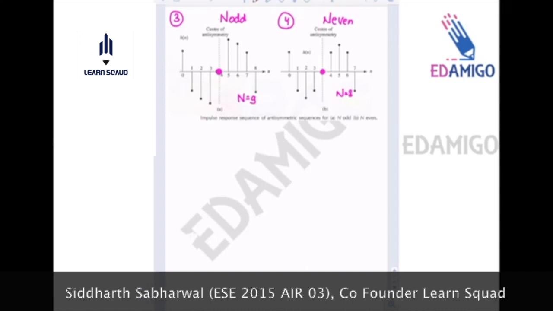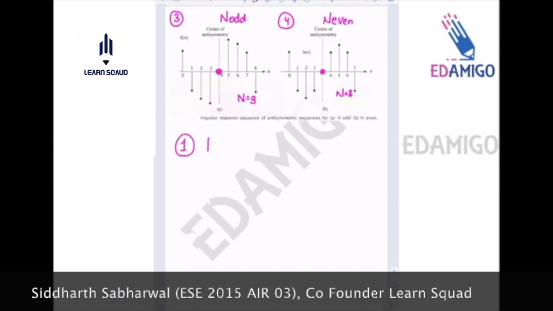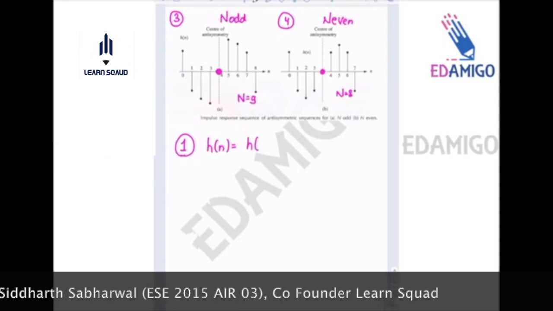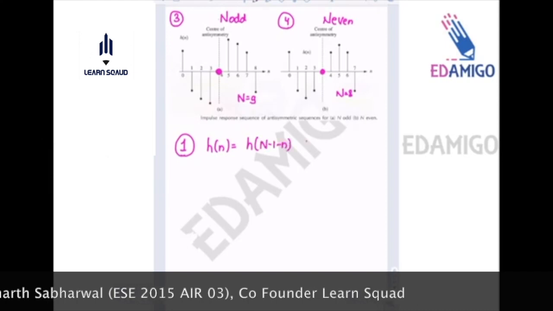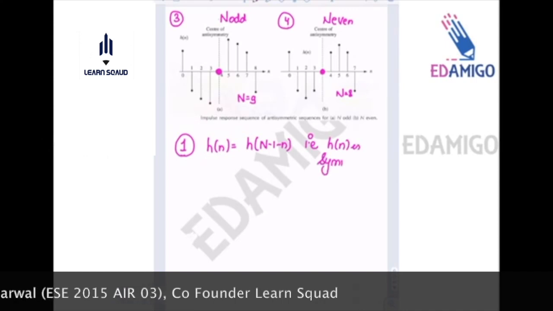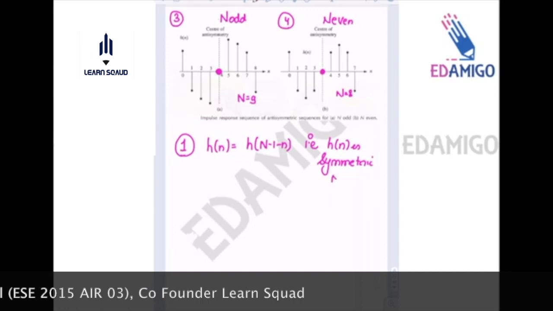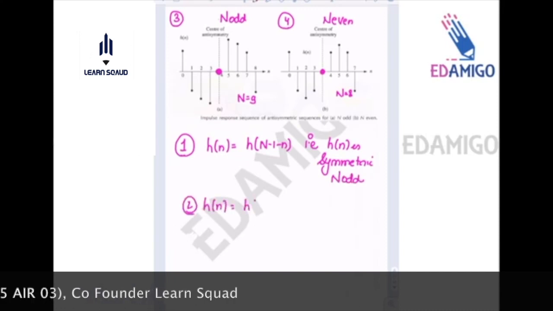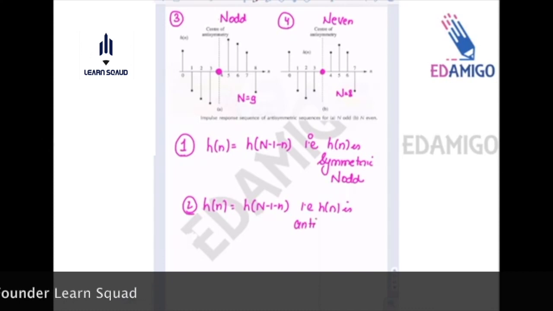So we have seen the four cases of the linear phase FIR filters. The first case was Hn is equal to H of capital N minus 1 minus n, that is Hn is symmetric and N was odd. Second was Hn is equal to H of capital N minus 1 minus n, that is Hn is symmetric with N even.